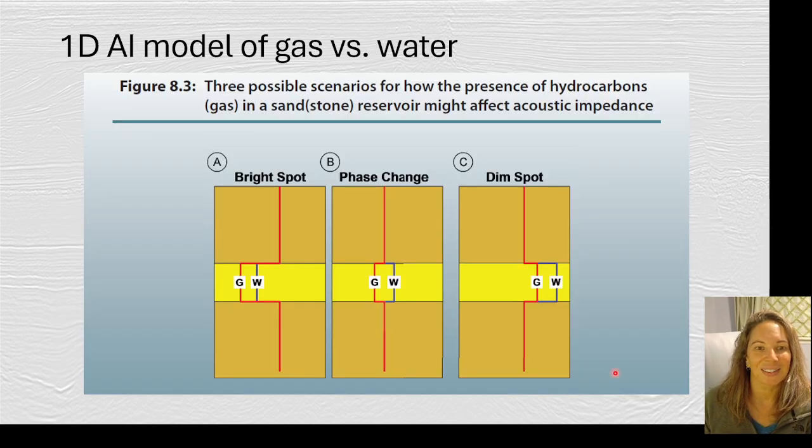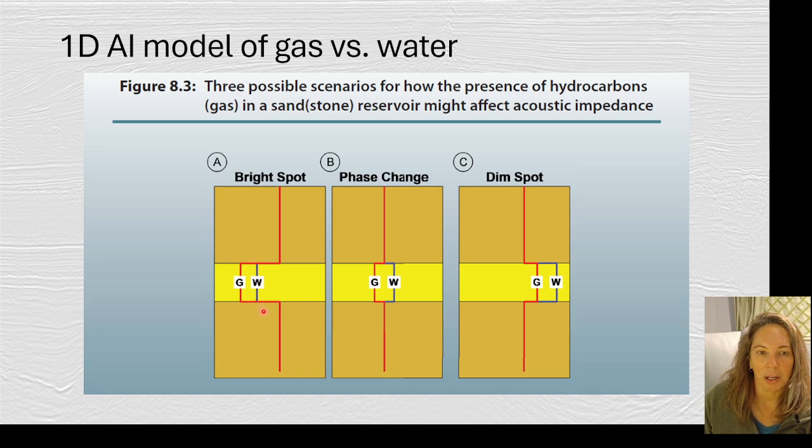All right, so let's keep going. Here's an example of a 1D acoustic impedance model of gas versus water. In the case of a bright spot, we have our shale above and below our gas sand or sand reservoir.